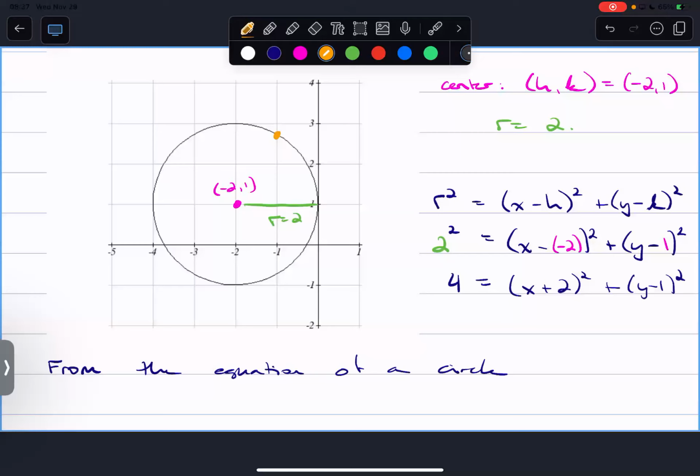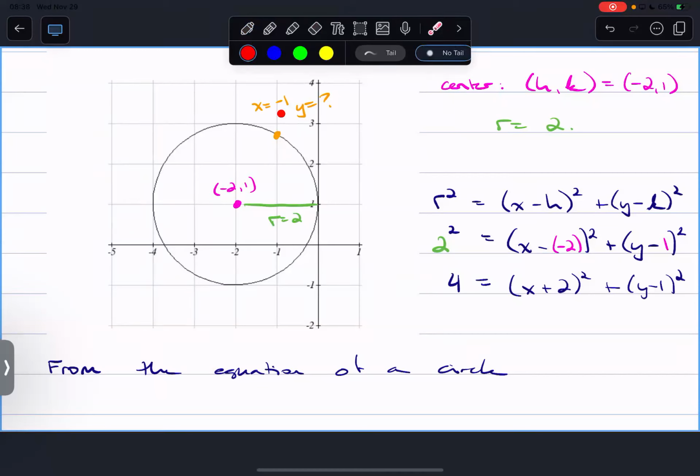If you want to figure out what this point is, well, I did pick a convenient value for x, so I know that x is -1. In fact, I'm forcing it to be -1. So here, x is -1 and y is question mark. What's the problem here?